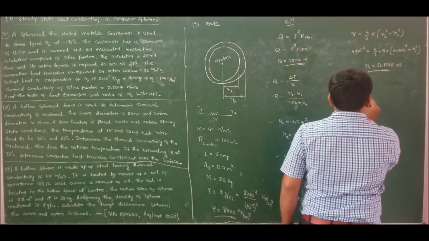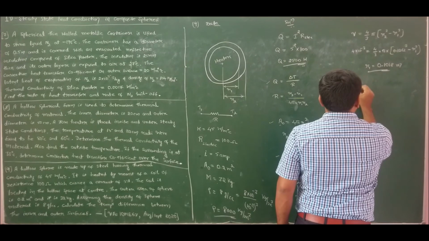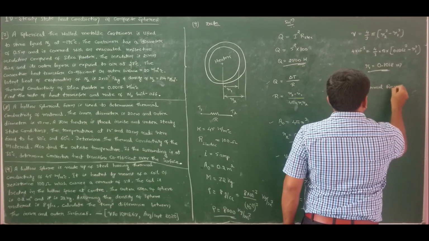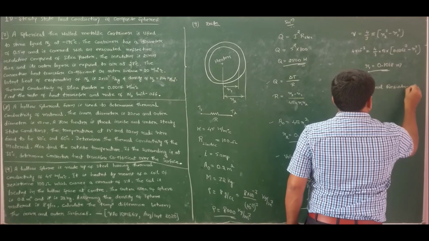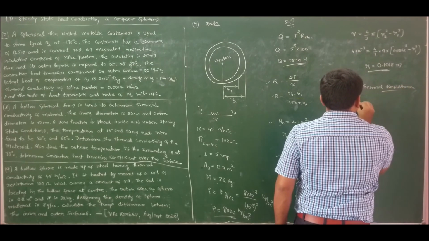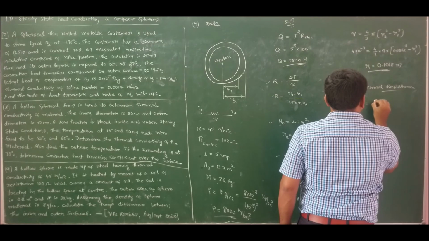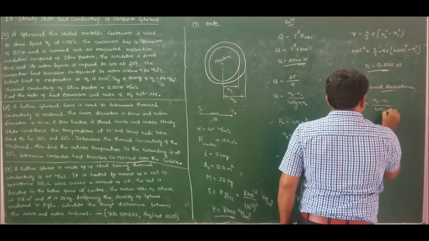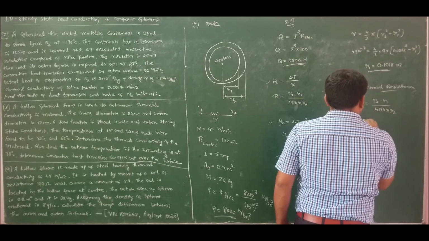hence I can find the value of resistance. So thermal resistance R is equal to R2 minus R1 by 4 pi k R1 R2.